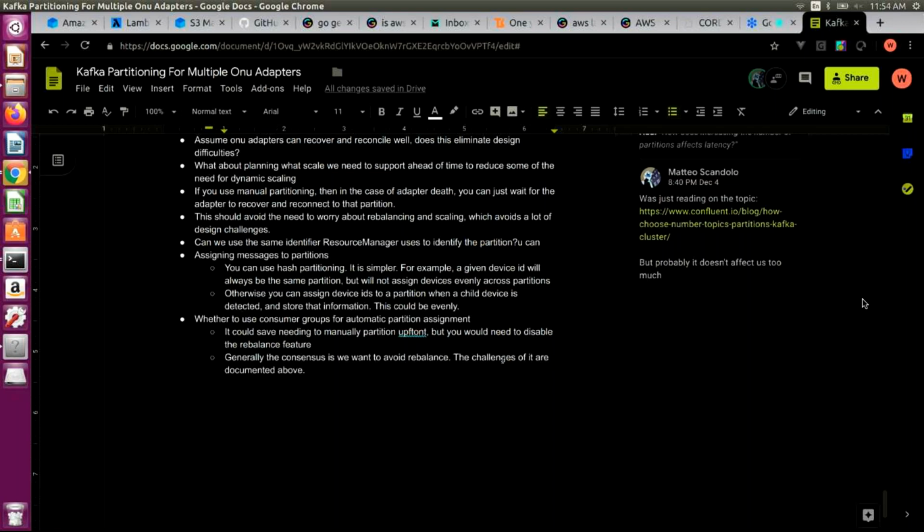Once we are super sure that the reconcile is working in every case, we may go back and revisit these to have a more flexible scenario. But I would say for now, remove all the complexity that we can remove and stick with fixed assignment and fixed partitions.